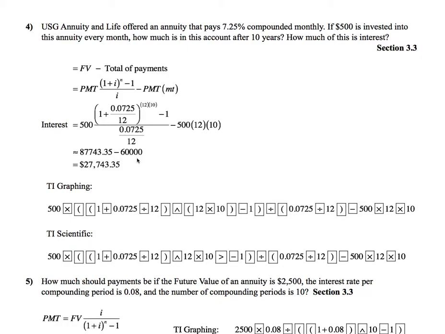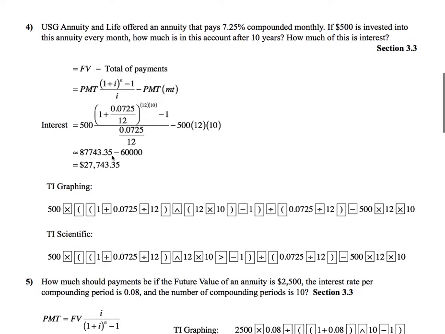And so that's what you would need to calculate to find this portion of the answer, the amount that's in the account after 10 years. So that's $87,743.35, and that's the total after compounding, and then the 60,000 is your total of payments, which is your payment times the number of compounding periods per year times the number of years, and that calculation is right here.